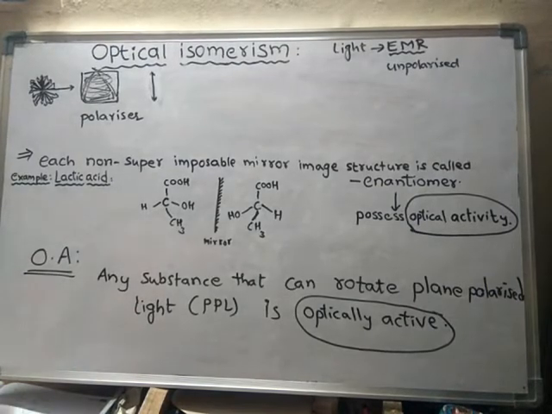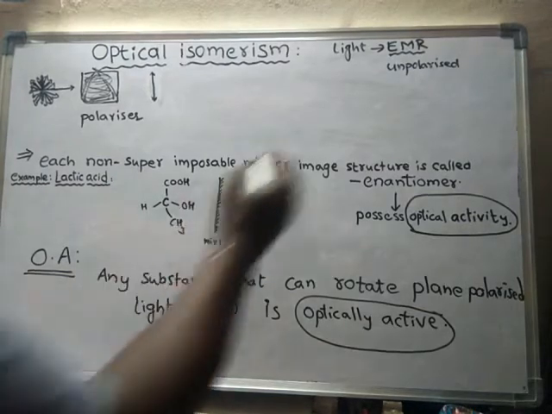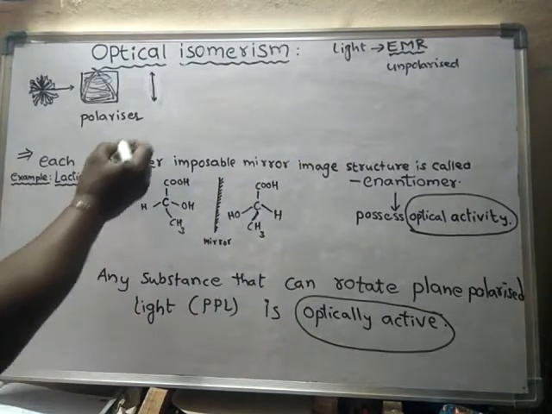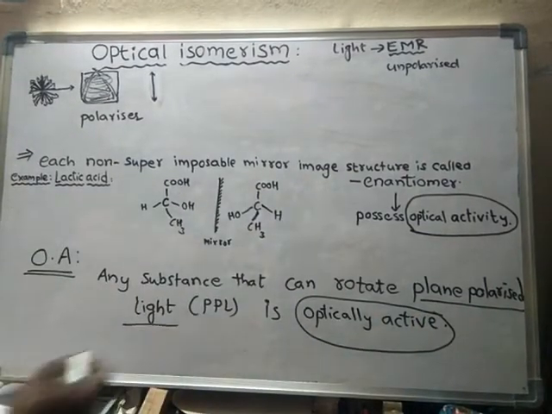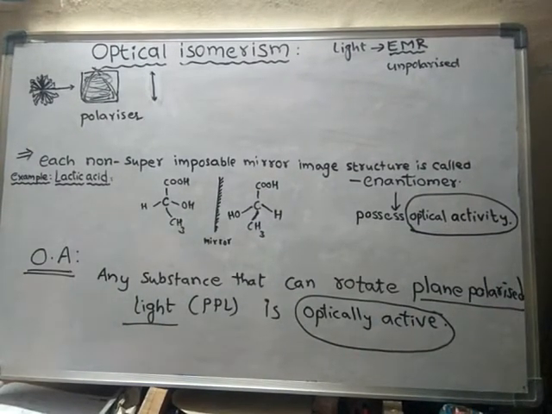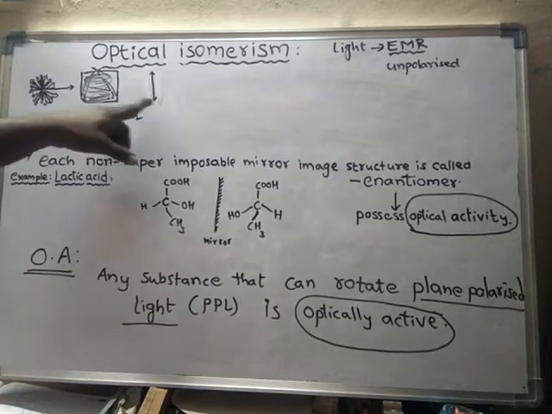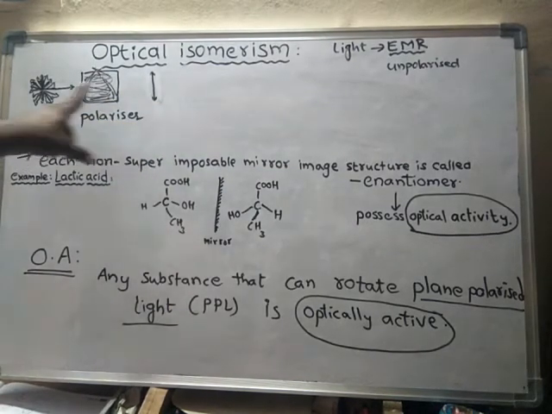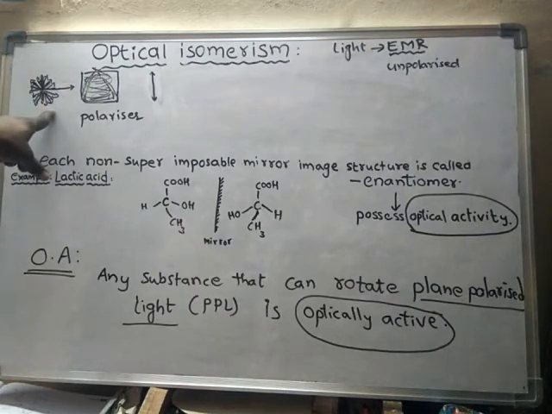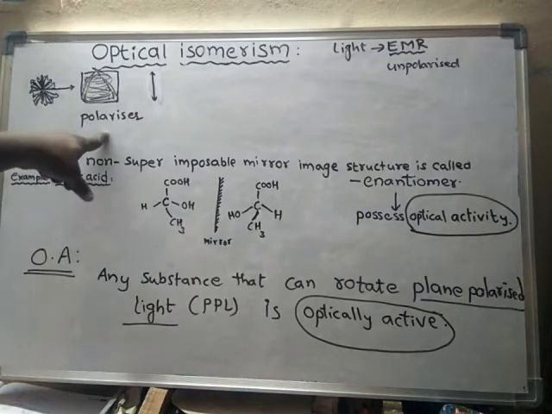Such light which vibrates only in a single plane is said to be plane polarized light. So plane polarized light is obtained when normal or ordinary light is passed through a polarizer.